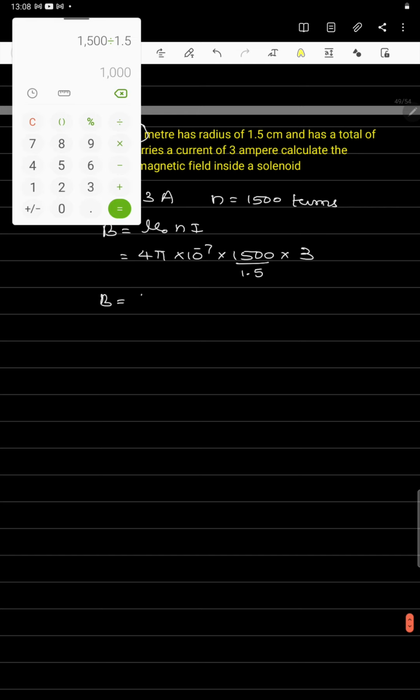That is, magnetic field is equal to 4 into 3.142 into 10 to the power of minus 7 into 1000 into 3.